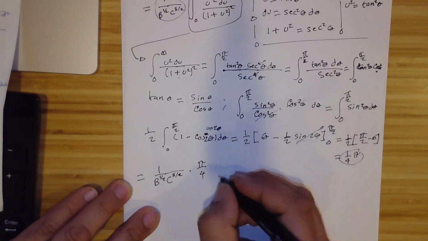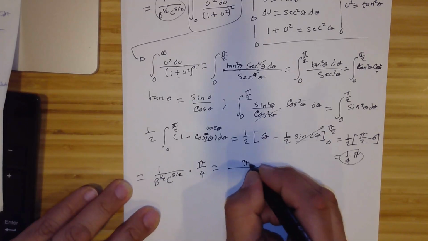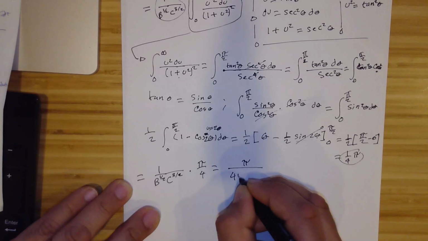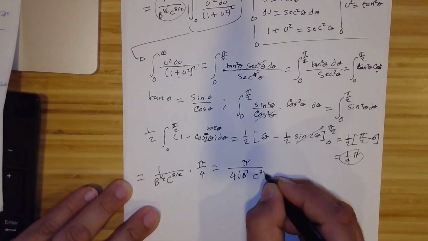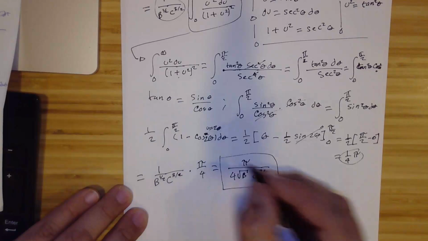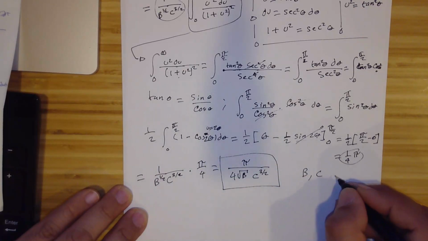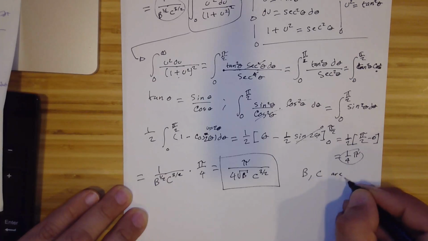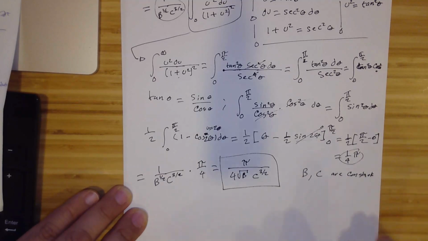Okay, let's write this in a different way. Basically, this is pi over 4 square root of b c to the 3.5, and that is the solution, considering that b and c are constants. Okay, thank you.